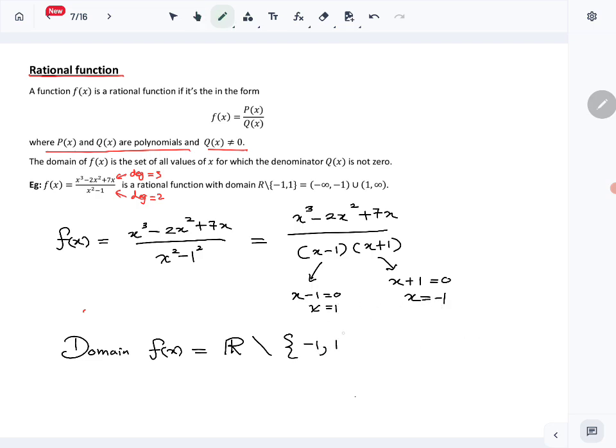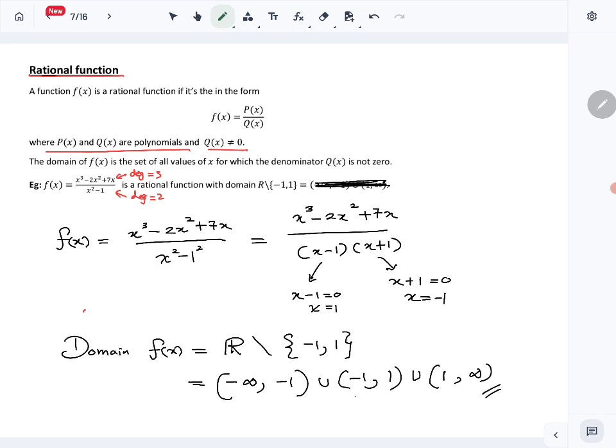So this same thing in interval notation is what? Negative infinity to negative 1 parenthesis, because we don't include minus 1, union minus 1 to 1 parenthesis again, because we don't want to include the endpoint 1, comma infinity, right? So here this answer is wrong. The correct interval notation is this one, right?